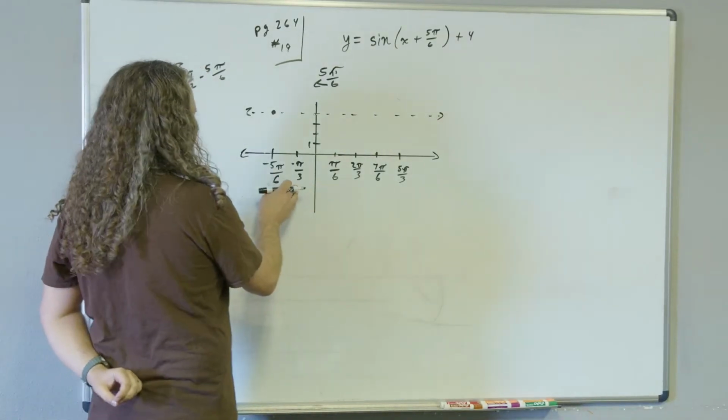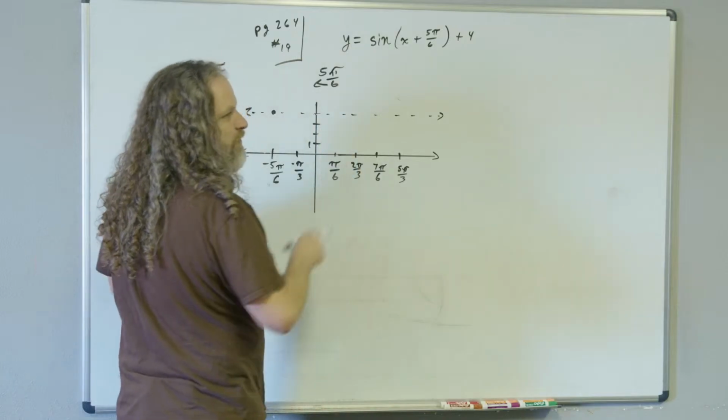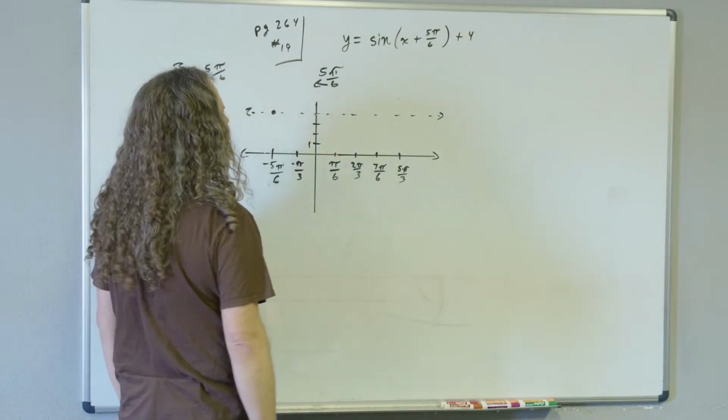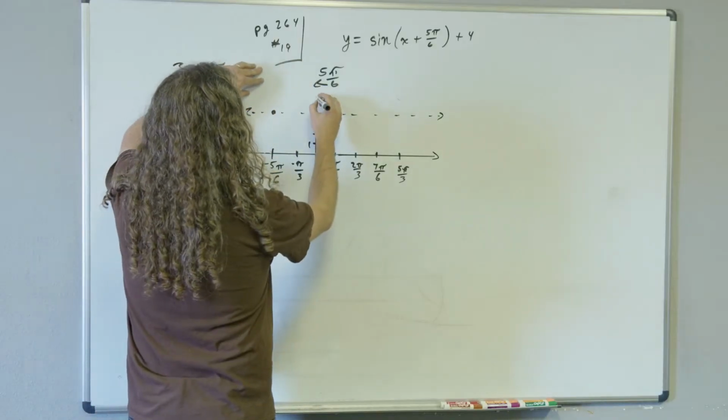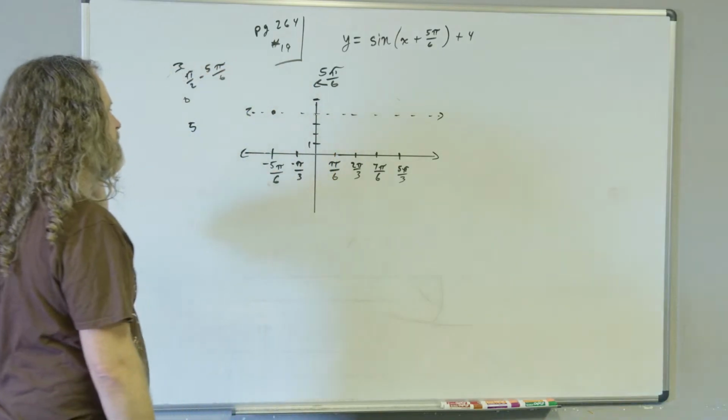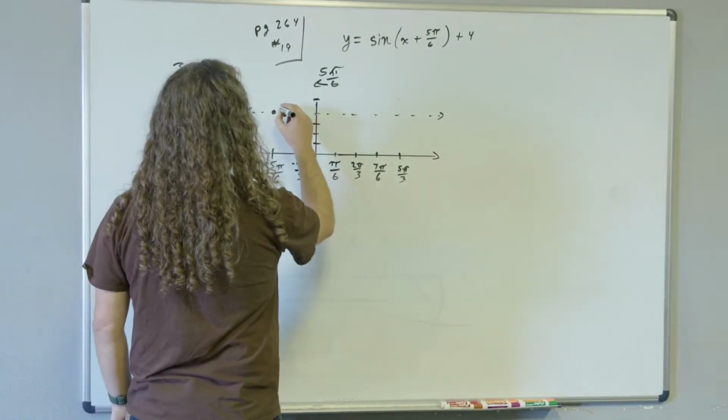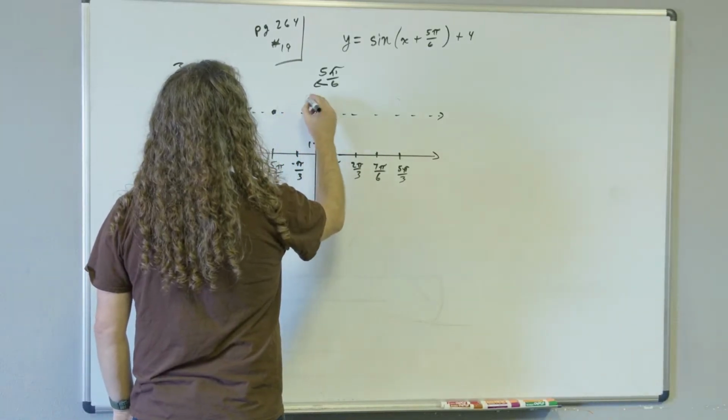And then over here at pi over 2, where is it? It's at 1 normally, so that's up here. Yeah, so it's at 5.